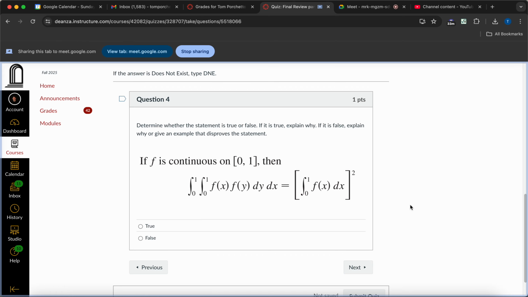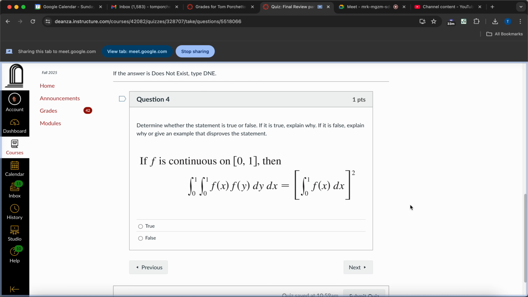In this question, since for dy dx the upper bound and lower bound are the same, they are equal. So when we separate them, it becomes the integral from 0 to 1 of f of x dx and the integral from 0 to 1 of f of y dy, and they're equal.